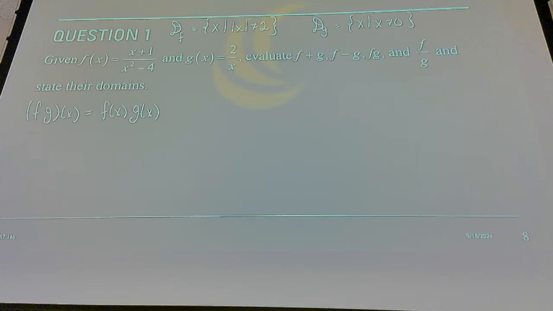Product is just f of x times g of x. What's the rule for multiplying fractions? Now cross multiply. Generally, that's if you're solving an equation.